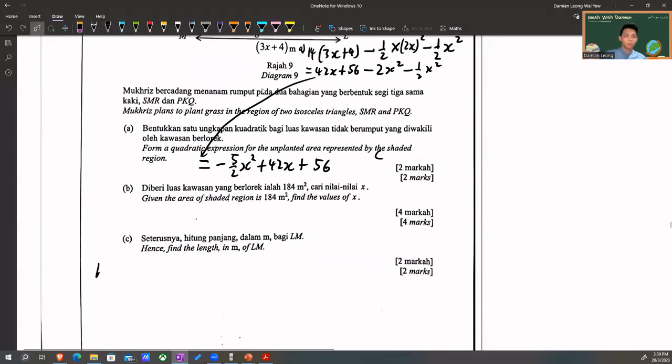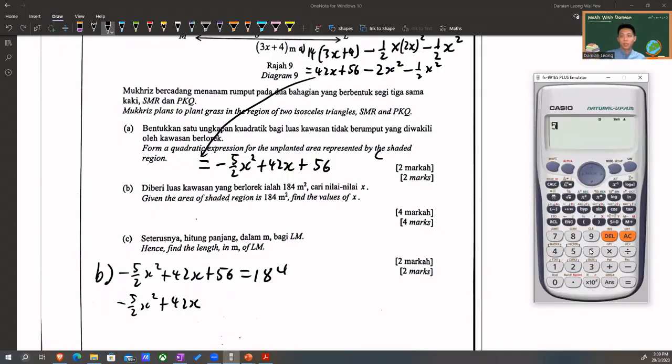So for B, the area of the shaded region is 184. So I can take the expression, because that's the area of the shaded region, equals 184. Then I solve from here. So I can bring over the 184. Positive becomes minus.